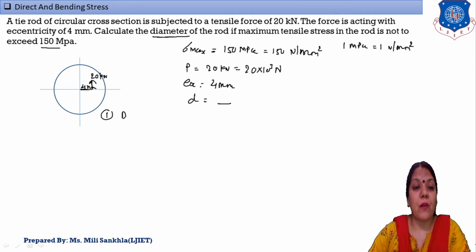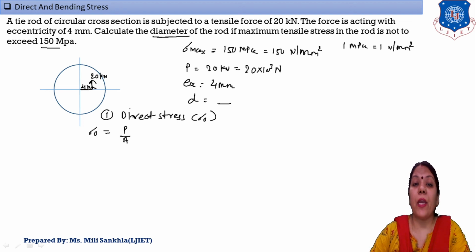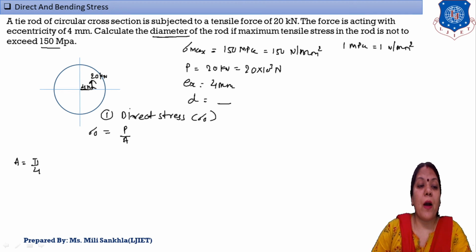Now one by one we find the direct stress. The notation of this direct stress is sigma 0. Sigma 0 is equal to load divided by area. Now what is area? Area is equal to pi by 4 d square. Here diameter d is unknown, so the area will be in the form of diameter, and that is 0.785 d square.